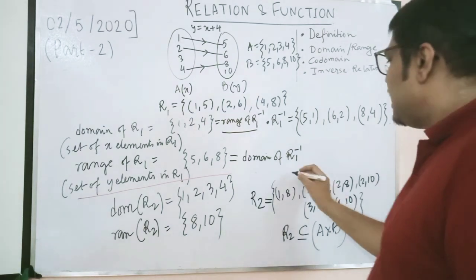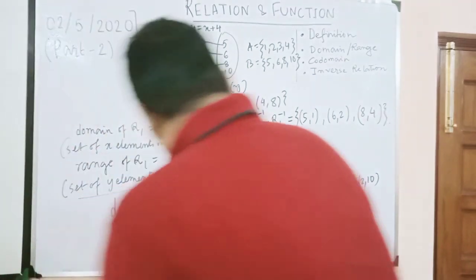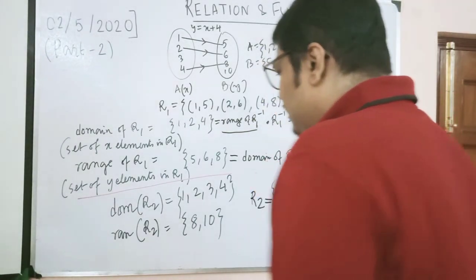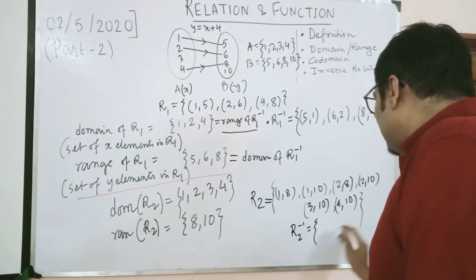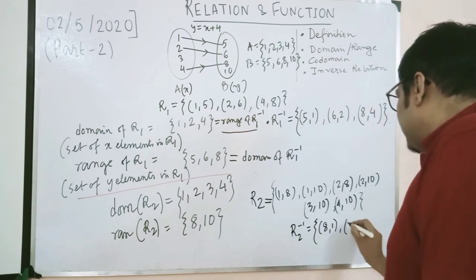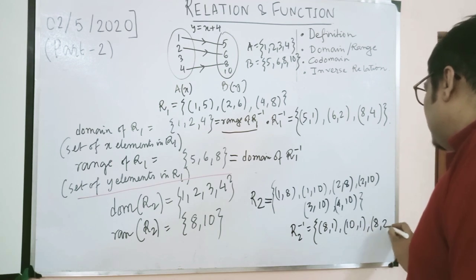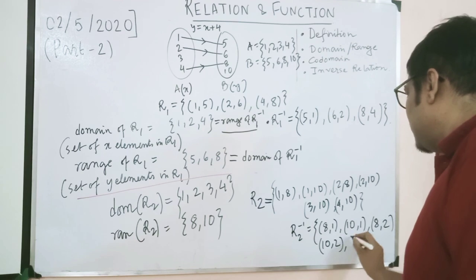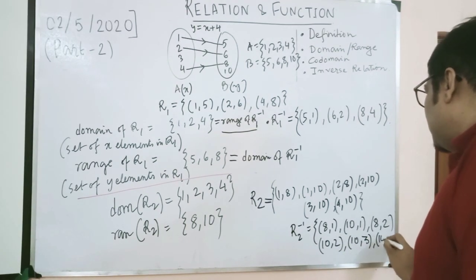Let us write R2 inverse also. R2 inverse, if you write, it will be the same kind of thing. Only the elements will be swapped. That is 8, 1, then 10, 1, then 8, 2, 10, 2, 10, 3, then 10, 4.